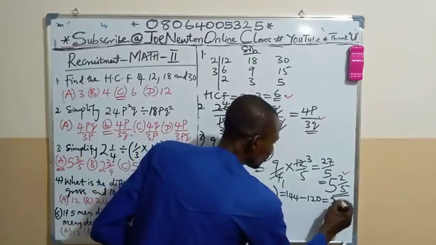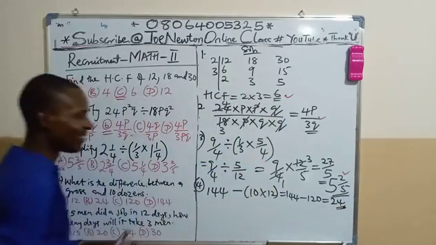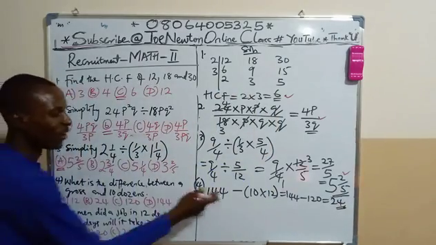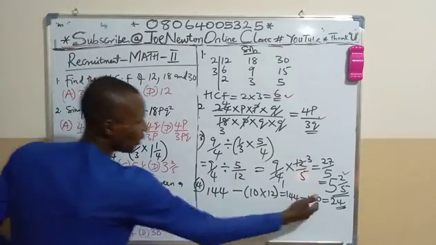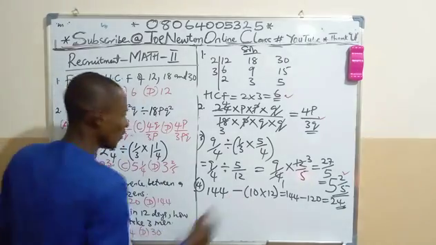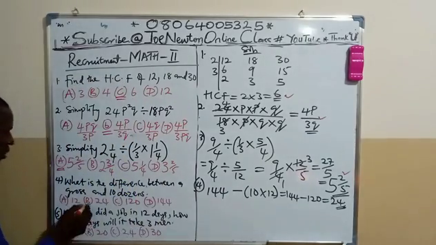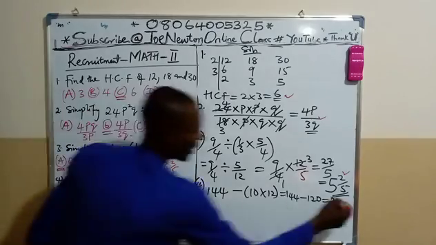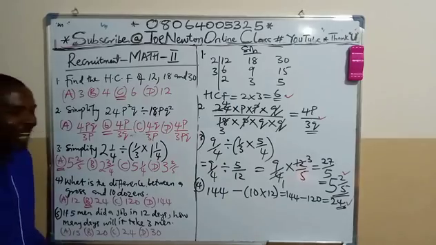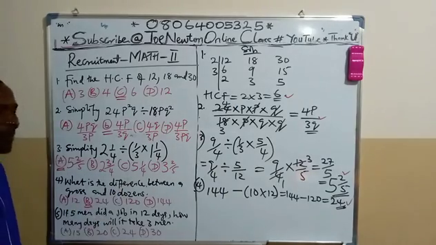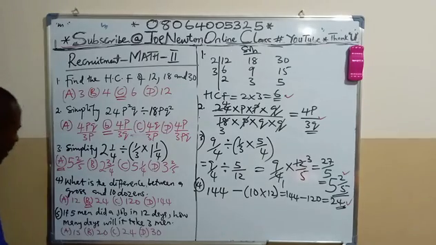It remains what? 24. So that's the difference between a gross and 10 dozens, because a dozen is 12 times 10, 120. Difference means minus. So our answer is 24, which is option B. Correct. Option B, 24.